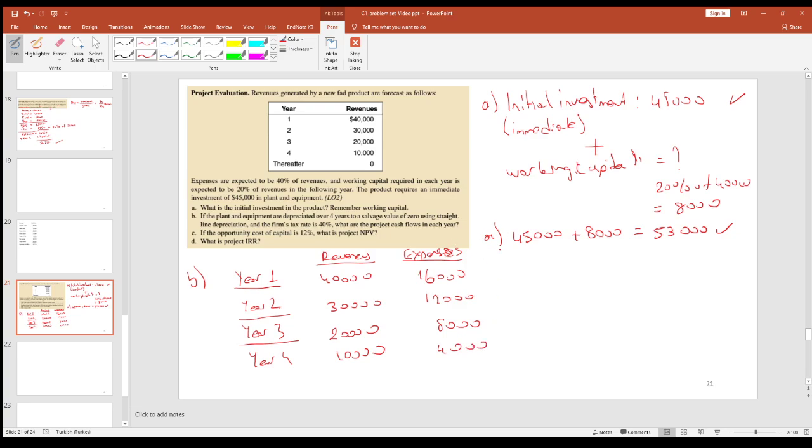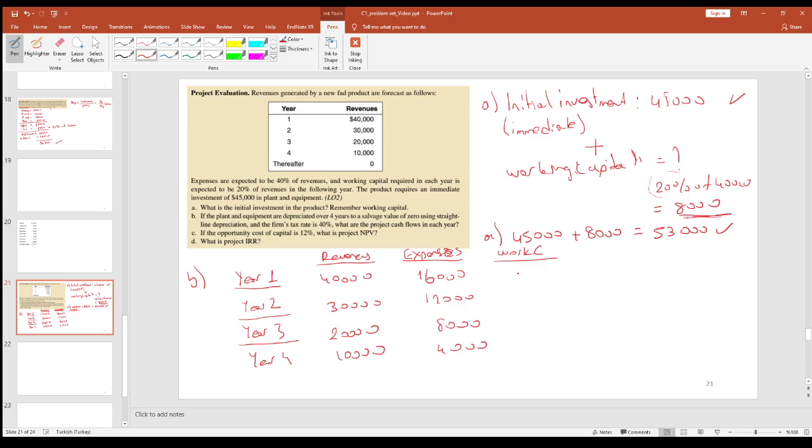What else? What about working capital? Now, remember working capital that we calculated here is 8,000, and this was calculated as 20% of the incoming year revenue.